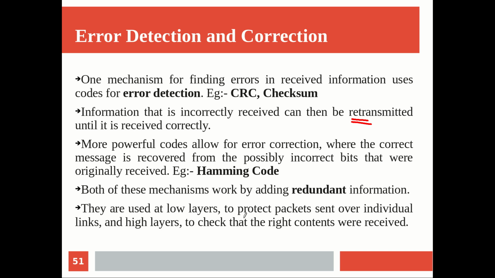Now as I already told you, end to end, ultimately at the end point of communication, whether what is sent by the sender is correctly received at the receiver or not, that overall checking is also done. So at 2 different levels we do this error checking, link to link as well as end to end. In both contexts these error detection and correction methods are useful.